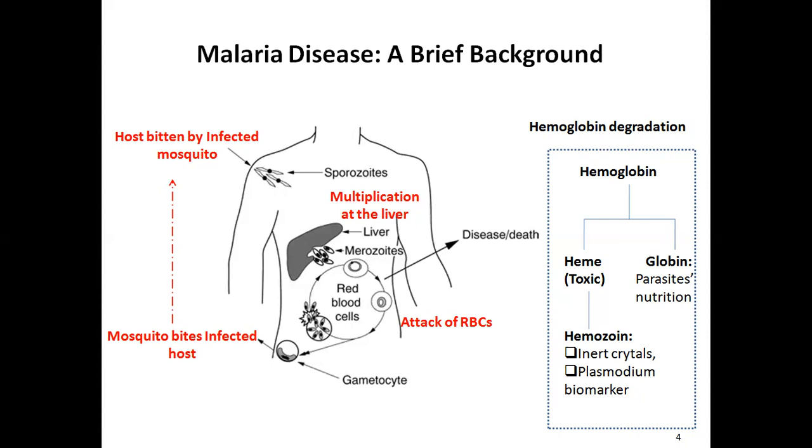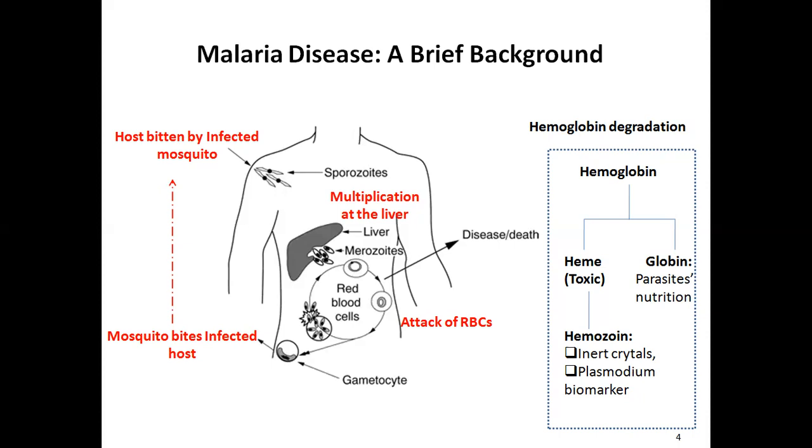So when the parasite is degrading hemoglobin, it breaks the molecule into two parts. The globin part, which they use for their nutrition need, and the heme part, which happens to be toxic to them.